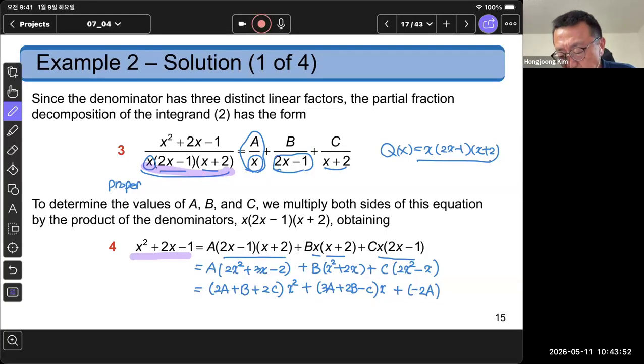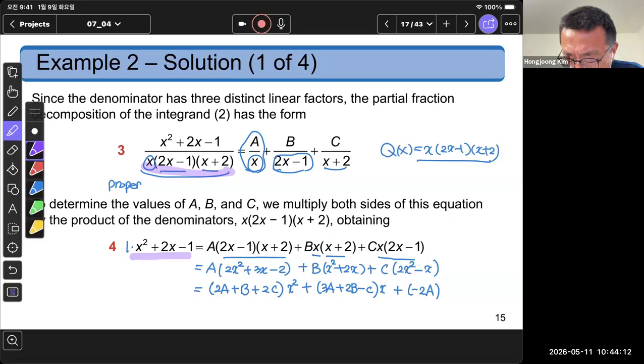Okay, so these are the expressions on the right, and on the left I have x squared whose coefficient is 1, plus 2x minus 1. So if they are the same, then the coefficients must be the same. The coefficient of x squared, which is 1 on the left, must be the same as 2A plus B plus 2C from the right, right?